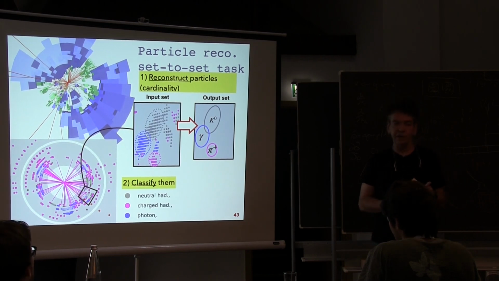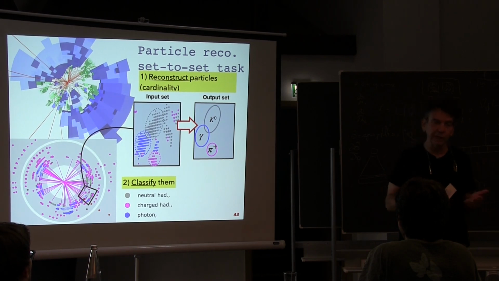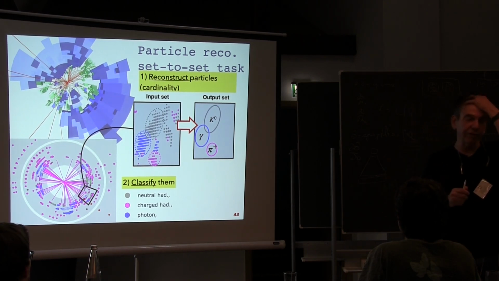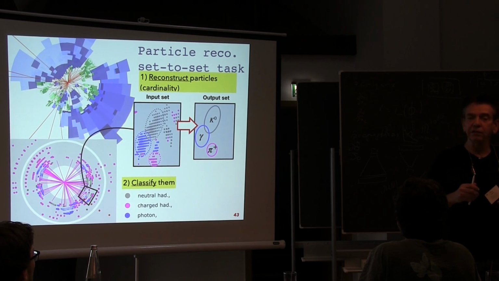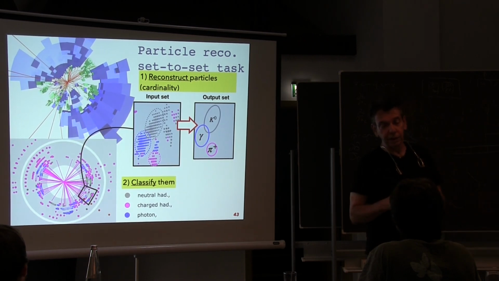In our case, we did a very simple classification: neutral hadrons, charged hadrons, and photons. You don't see electrons and muons here for two reasons. First of all, there are special algorithms to identify electrons and muons, and they work very well, and we know how to do it.